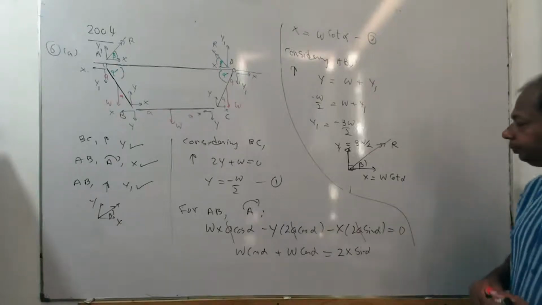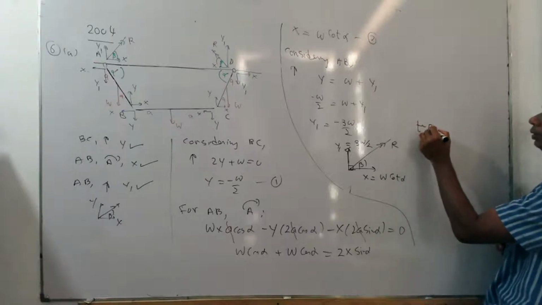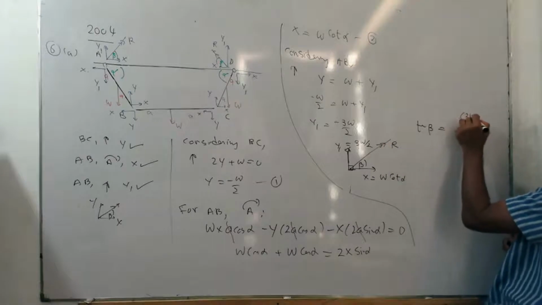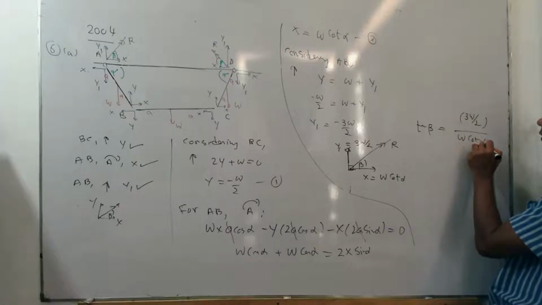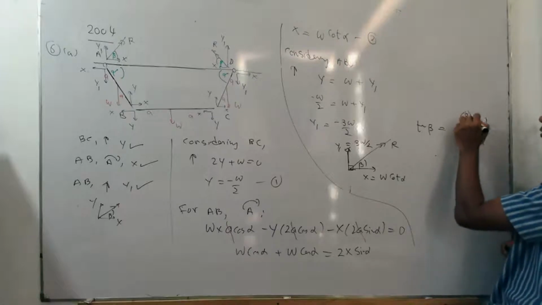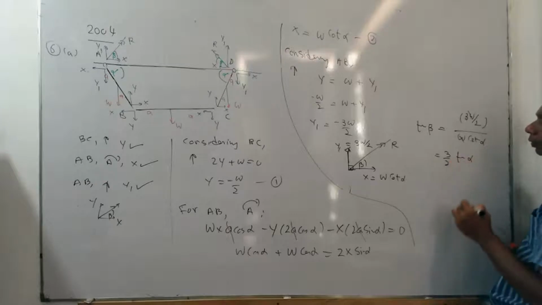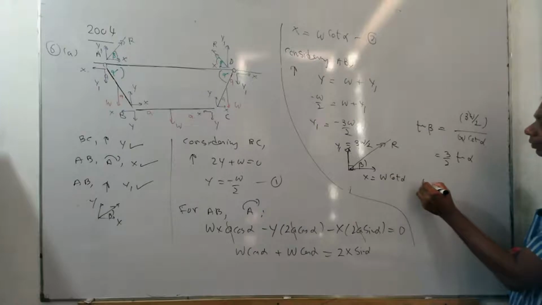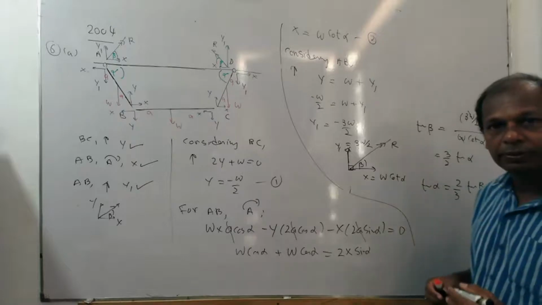If you find tan beta, it will be equal to this over this: 3w over 2 divided by w cot alpha. W gets cancelled. You get 3 over 2 tan alpha. So tan alpha equals 2 over 3 tan beta. That's the answer, and that's what we needed.